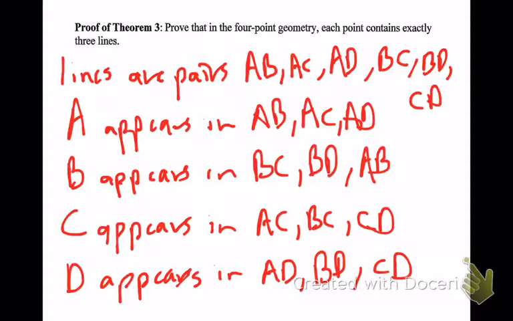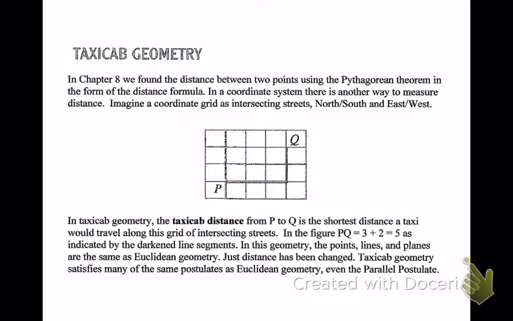Now we're going to do taxicab geometry. In Chapter 8 we found the distance between 2 points using the Pythagorean theorem in the form of the distance formula. In a coordinate system, there's another way to measure distance. Imagine a grid coordinate as intersecting streets, north-south streets and east-west streets.